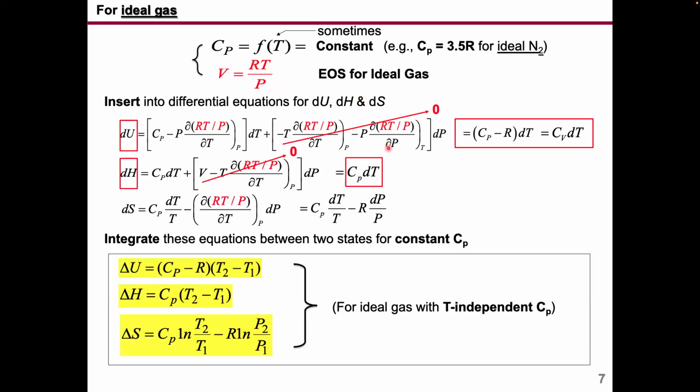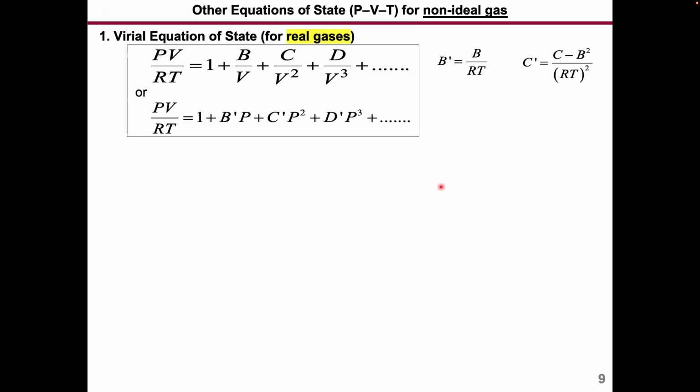But what about non-ideal gases? There are several equations of state for non-ideal gas. The first one is called the virial equation of state, and it can be used to describe many real gases, okay? The mathematical form is the following.